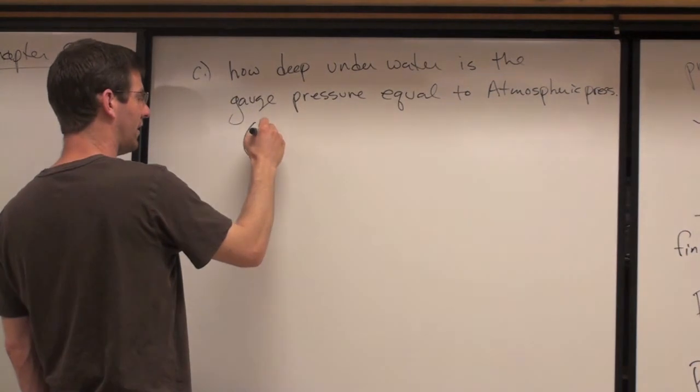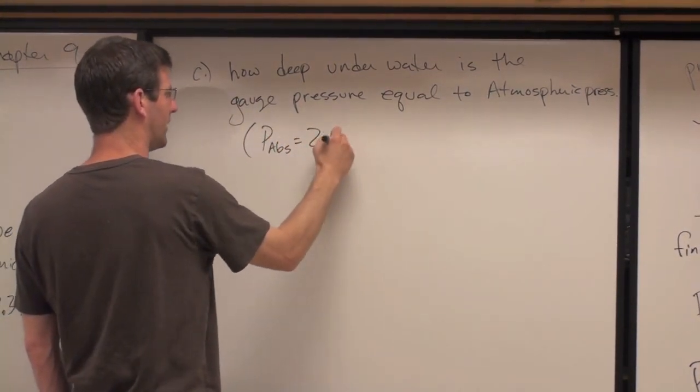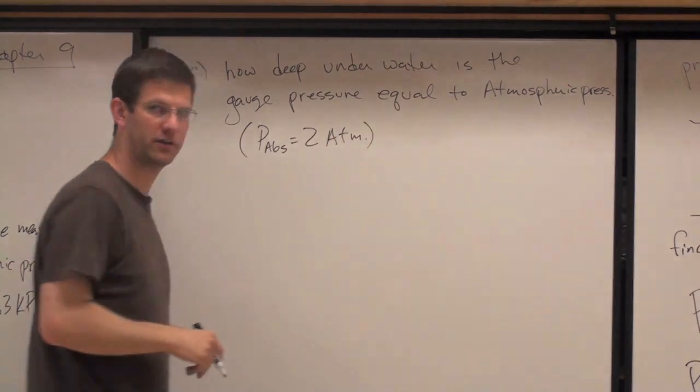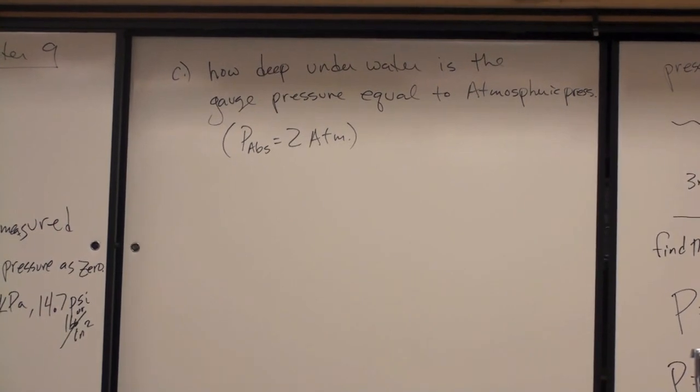In other words, our absolute pressure equals 2 times atmospheric pressure. Does that make sense? Isn't it like 38 feet? Close.